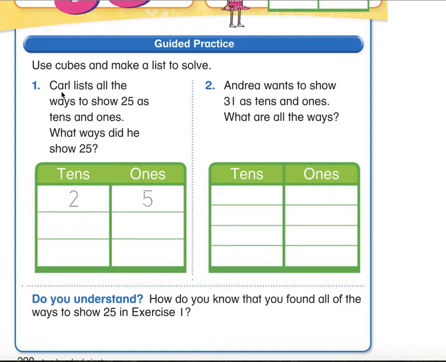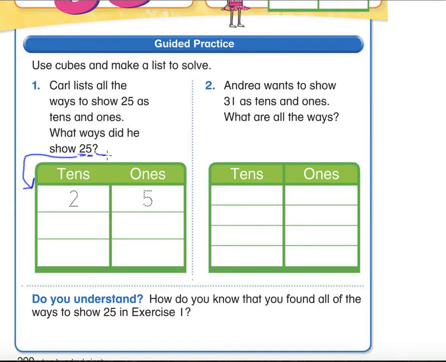So the problem says Carl lists all the ways to show 25 as tens and ones. What ways did he show 25? Now look how they start us out for us. They took the tens place, and look where they put it. They just popped it right over here for us.